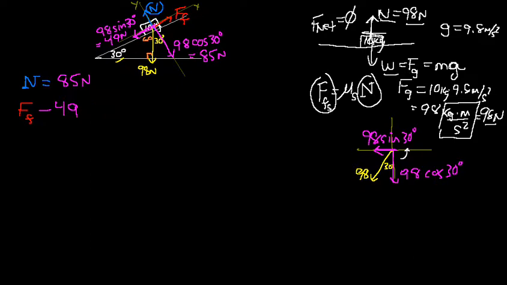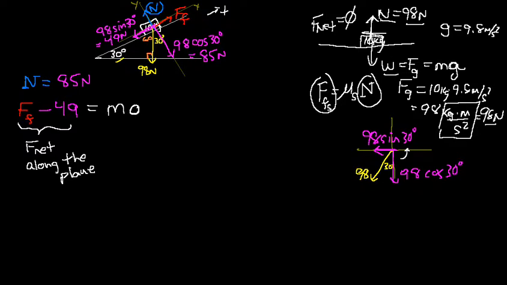And we know that whole expression, this force upward minus the downward force, because we're saying up is positive, is going to be equal to the net force along the plane. So the net force along the plane has to be equal to the mass of the object times the acceleration along the plane.